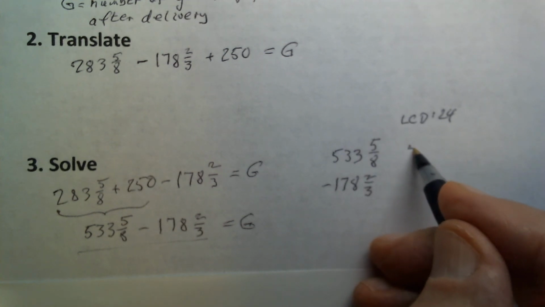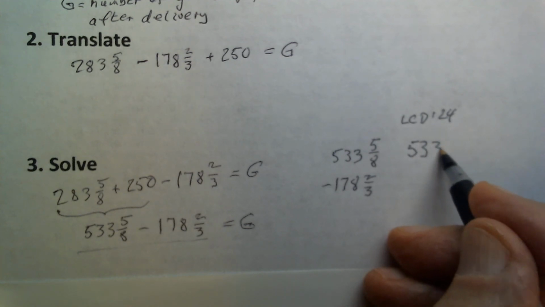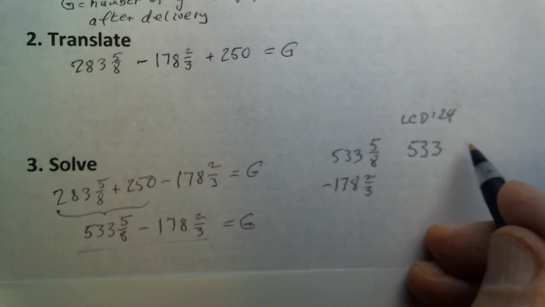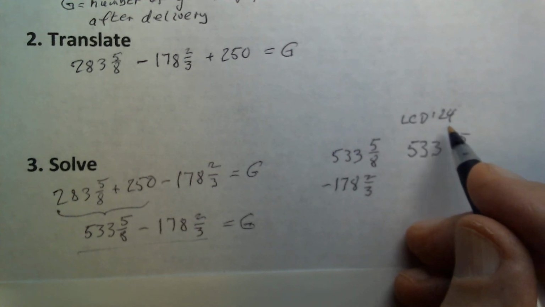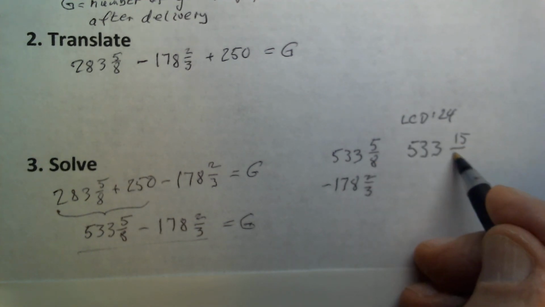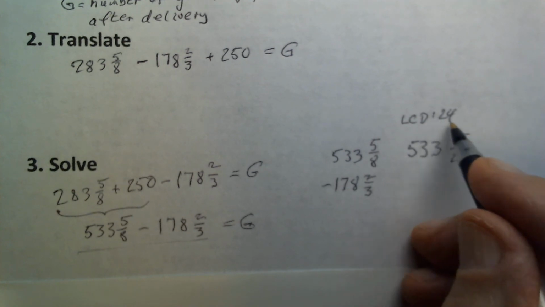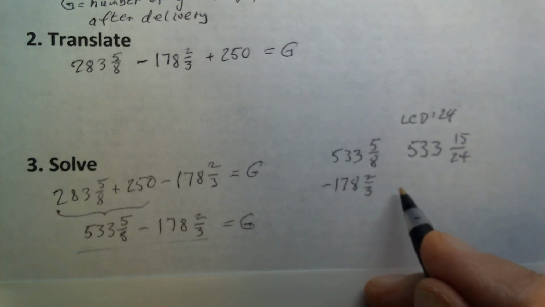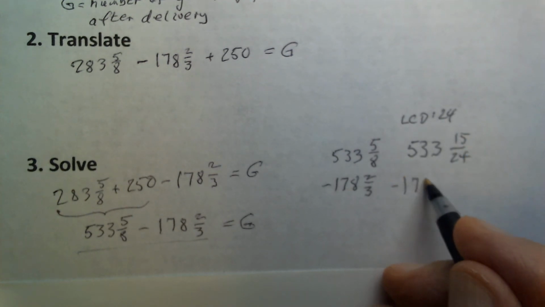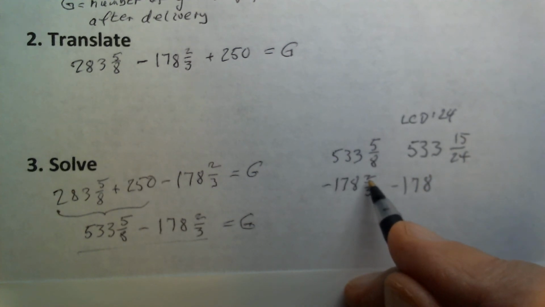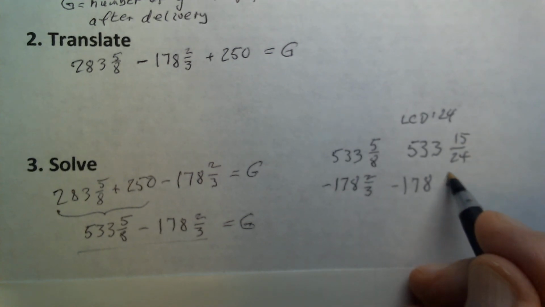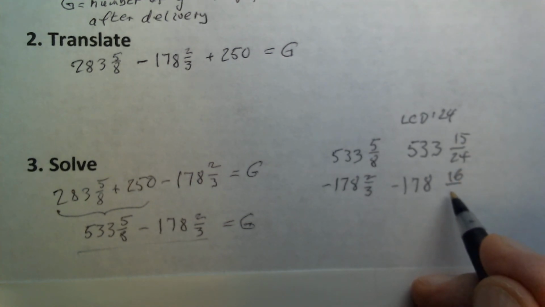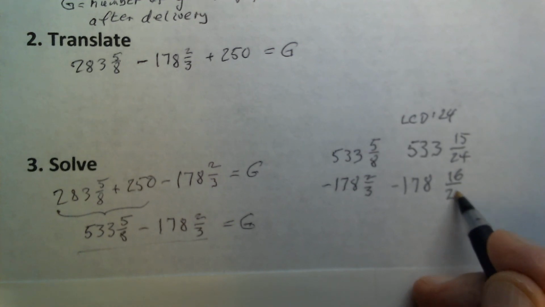So it would be 533, and 5 times 3 is 15, and 8 times 3 is 24. So we have the LCD in the denominator. And then for the fractional part, we need to multiply 2/3 times 8, because 8 times 3 is 24. So 16 24ths.